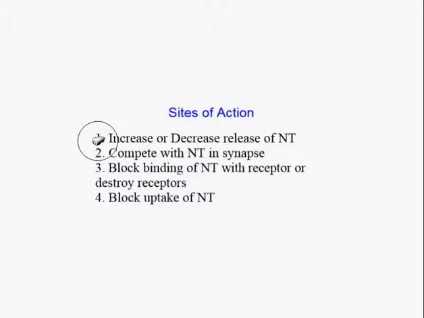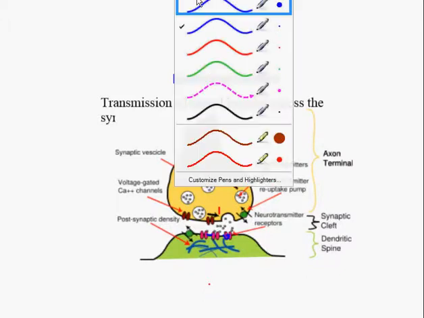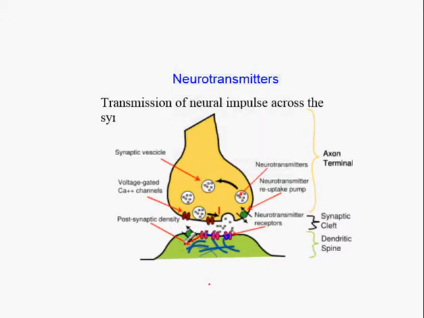And the fourth possibility is, remember, after this whole thing is finished, the neurotransmitter is supposed to be recycled, so it's reloaded here so it can be used again. What if somebody came along and stopped it from recycling? That would increase the activity of it down here.